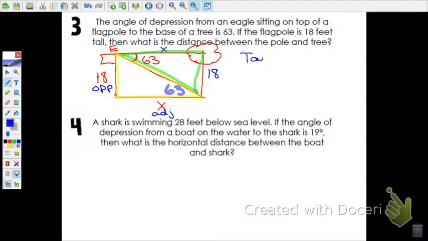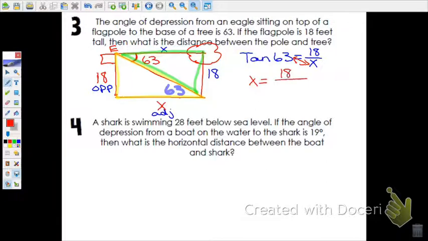So tangent of 63 is opposite 18 over adjacent X. So again, we need to flip those parts around.